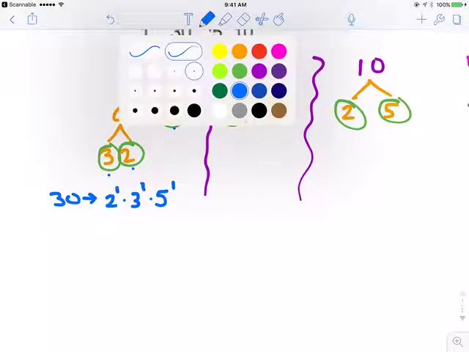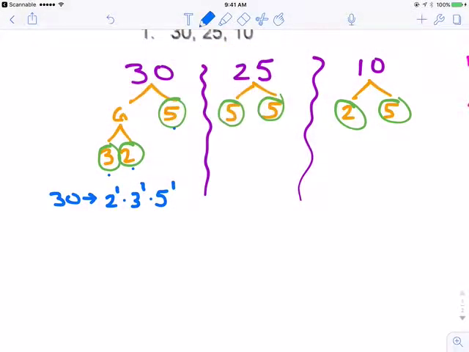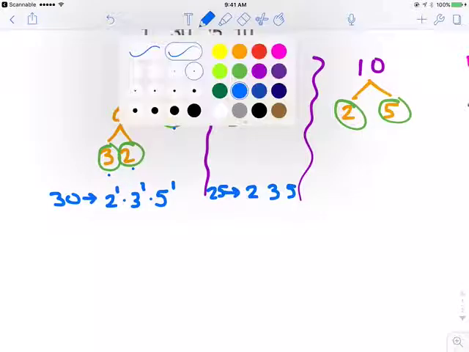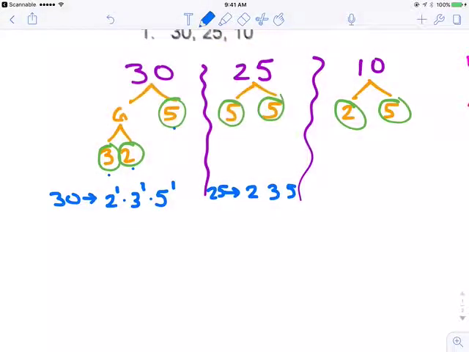Okay, now let's look at 25. I need to have a 2, a 3, and a 5. What's my power on my 5? I have 2 of them, right? What do you think my power has to be on my 3?